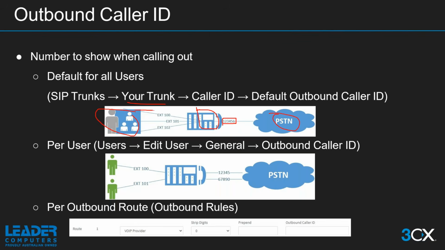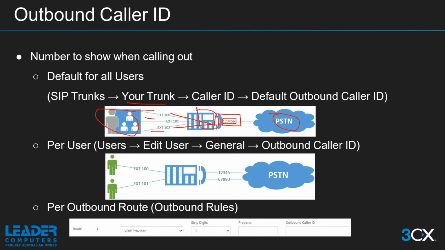So anyone making a call, extension 100, 101, or 102, will all go through the SIP trunk, and the SIP trunk will rewrite whatever the caller ID is to the caller ID that you entered on the SIP trunk, and it's going to send that to the outside world.